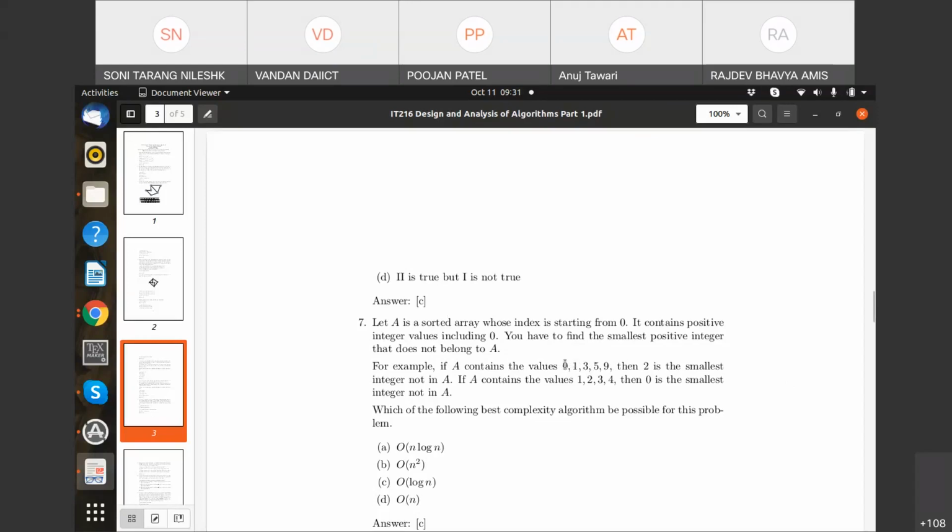Compute the difference. If the difference plus 1 is equal to the size of this half, then you are sure that none of these elements have been missed here. And if the difference is larger, then you only need to look in this particular half.